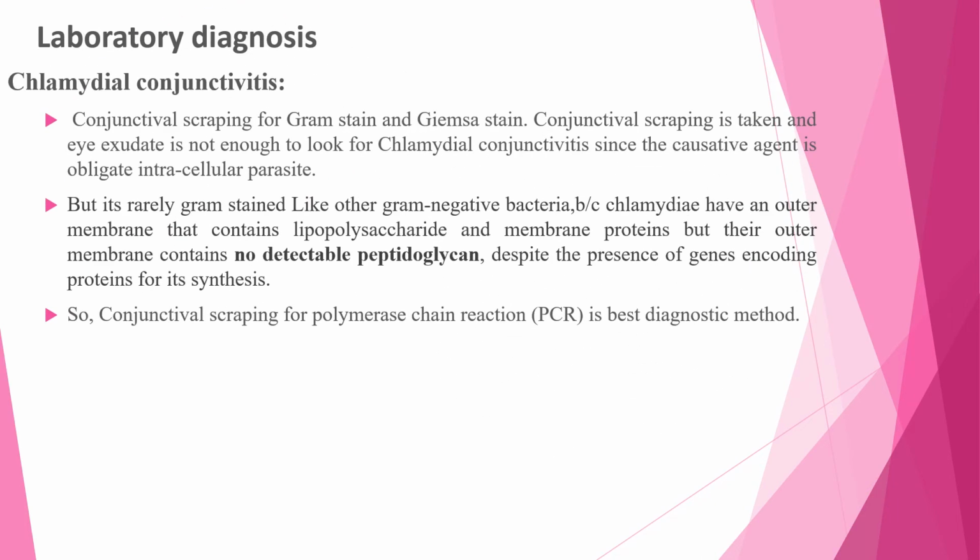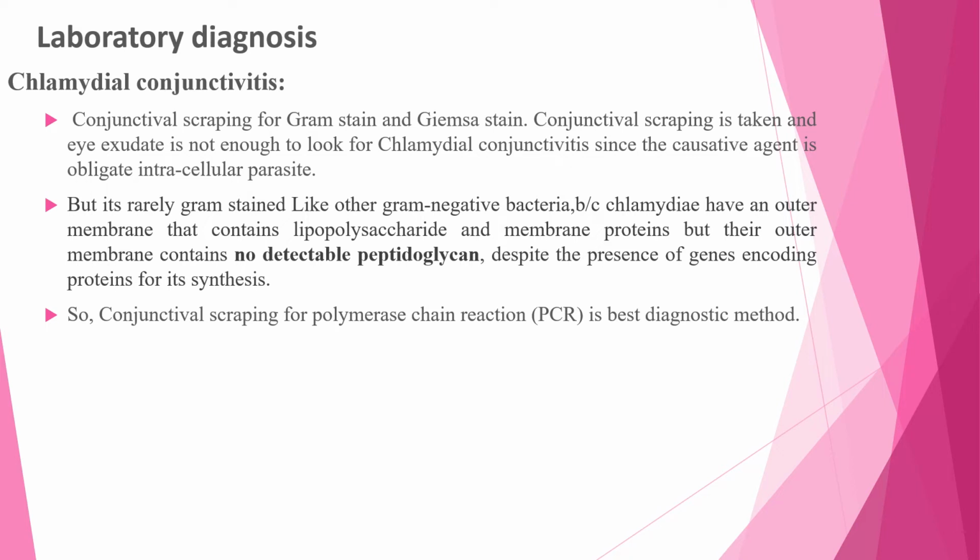Regarding laboratory diagnosis, Ophthalmia Neonatorum is diagnosed clinically by looking at red eye, eye discharge, and eyelid swelling. But to identify the cause, we have to investigate further. For Chlamydia conjunctivitis, conjunctival scraping is taken for Gram stain and Giemsa stain, since eye exudate is not enough, as the causative agent is an obligate intracellular parasite.